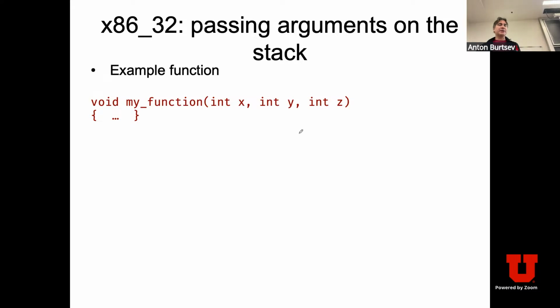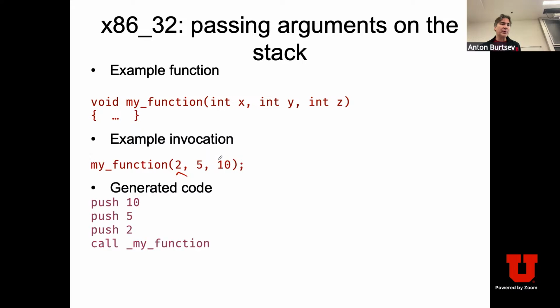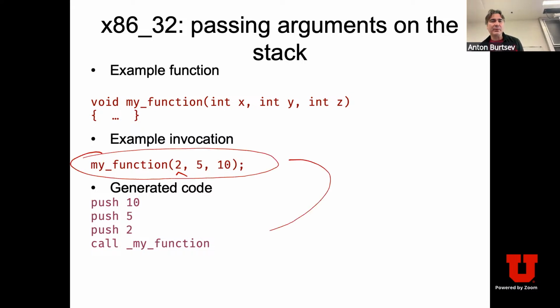So if you have this function, my function, which takes 3 arguments, and you try to invoke it passing 3 values, 2, 5, and 10, then at the call site, for this kind of code, the compiler will generate this assembly. It will push the 3 arguments on a stack, and then use a call instruction to call my function label, right?